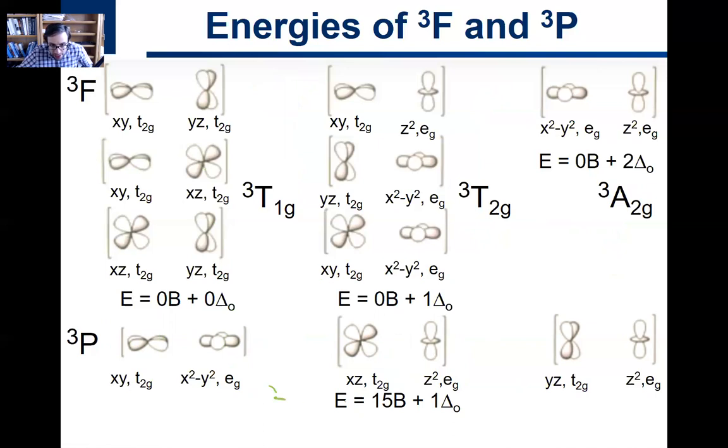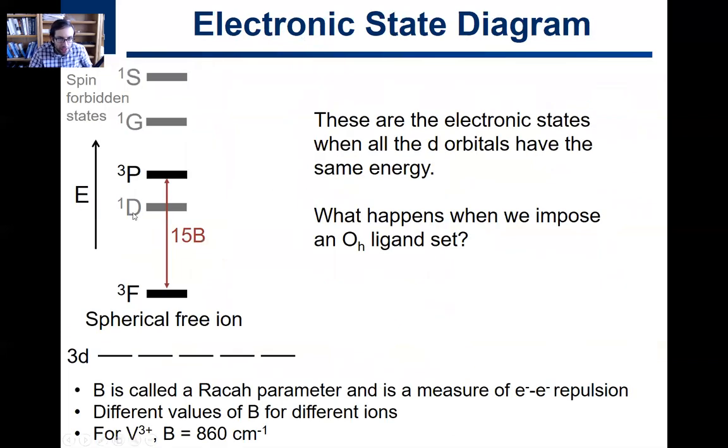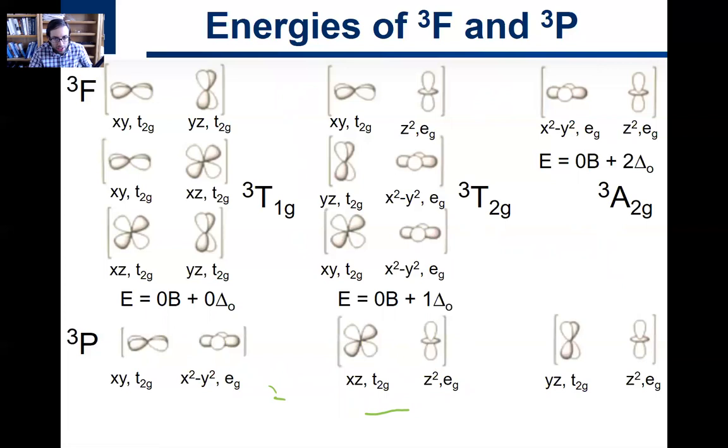And so these have that 15B term. Where'd that come from? Remember, that came from this. So anything that starts at triplet P has that extra 15B of energy due to electron-electron repulsion for these triplet P orbitals being in the same plane, okay? So 15B, and then 1 delta O.